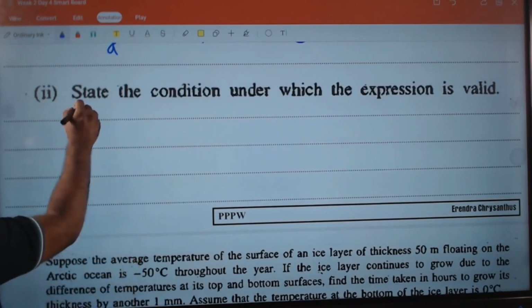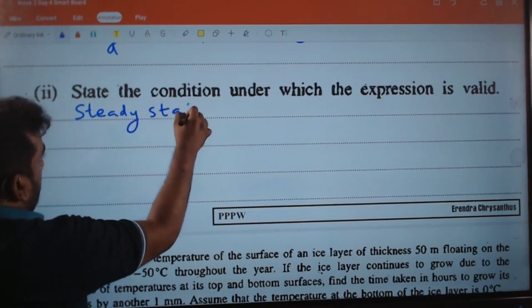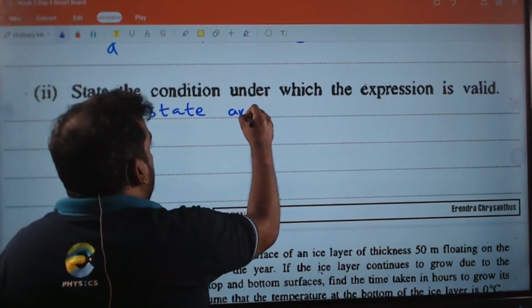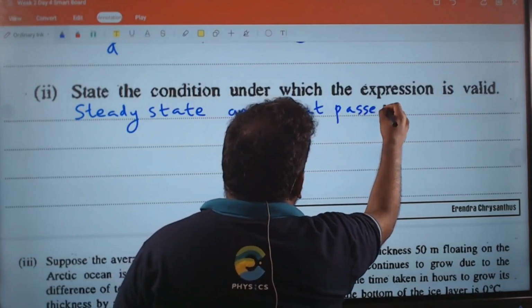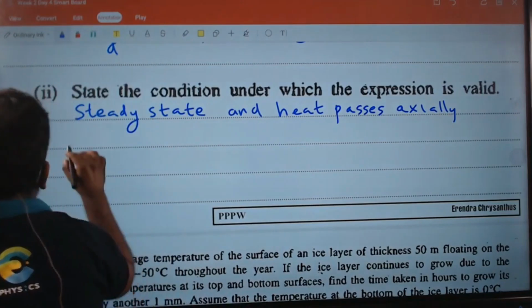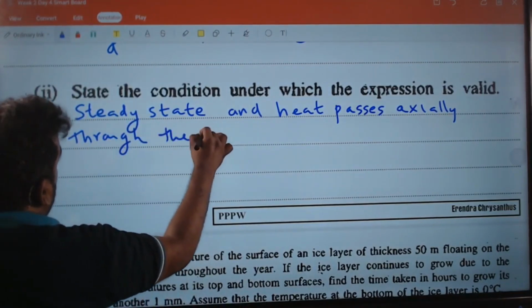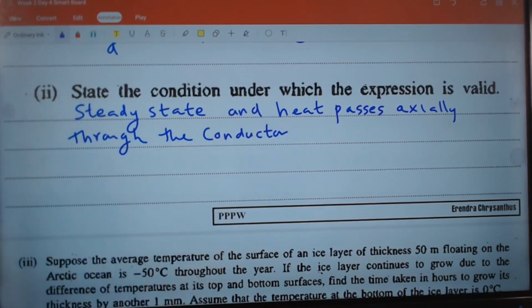So this expression is valid at steady state, under steady state conditions, and heat passes axially through the conductor. Right.